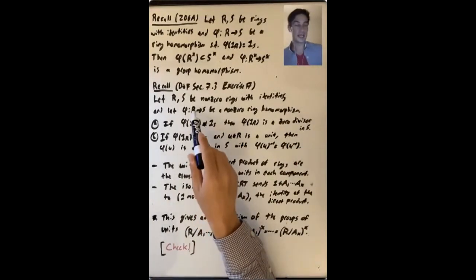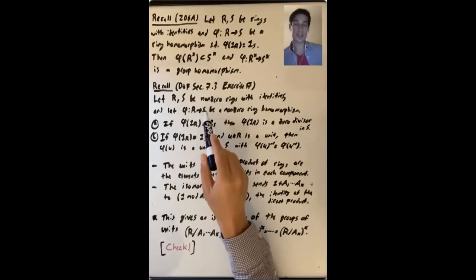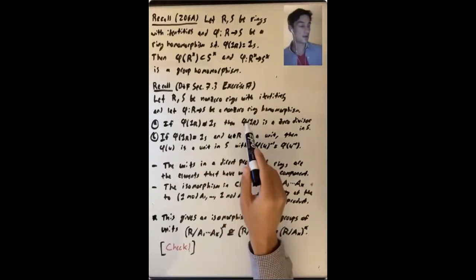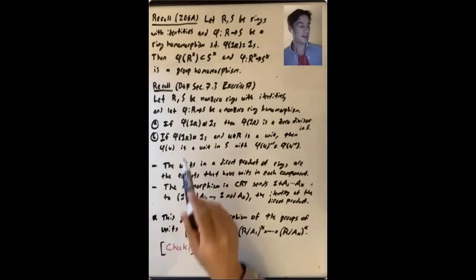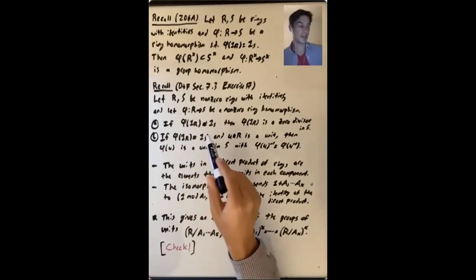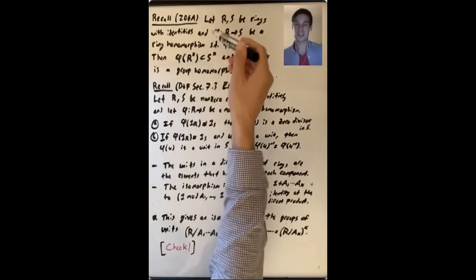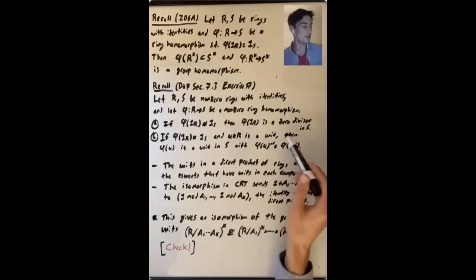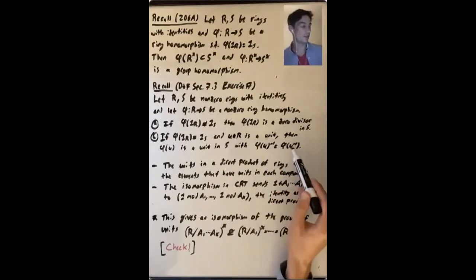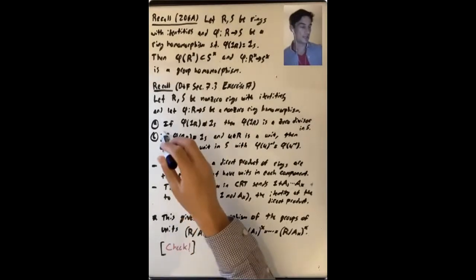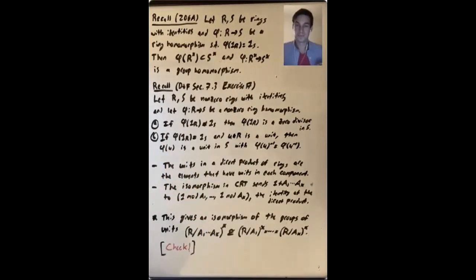If you send the identity of R to something other than the identity of S, then you have to send it to a zero divisor in S. And if you do send the identity of R to the identity of S, then you're back in this situation up here, and if u is a unit, then phi of u is a unit in S, and the inverse of phi of u is phi of u inverse. So the second part is close to this statement here. All right, so I'll tell you why I brought this back up in a second.